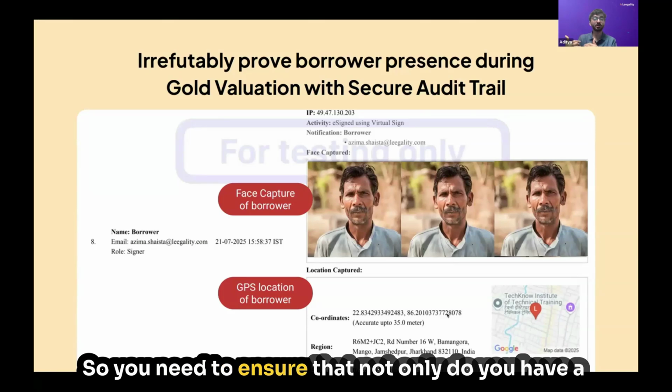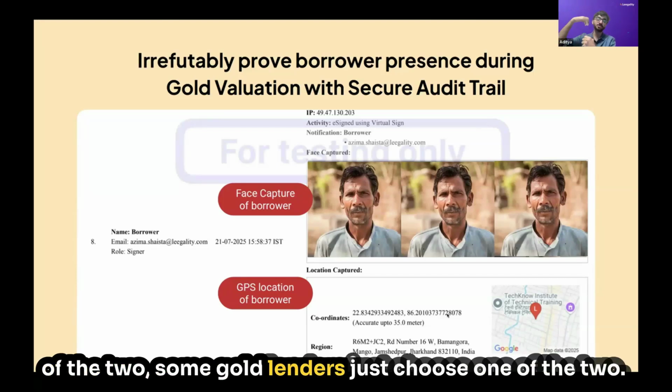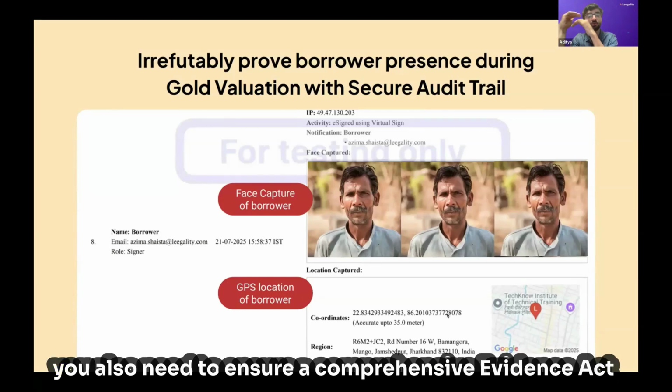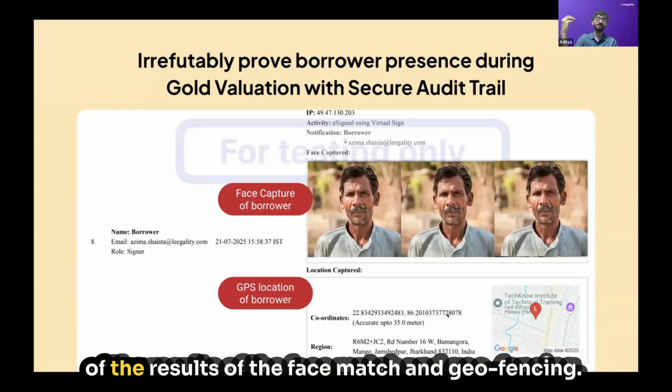So you need to ensure that not only do you have geofencing and a face liveliness capture, or one of the two, some gold lenders just choose one of the two. You not only need to ensure those features are running, you also need to ensure a comprehensive Evidence Act audit trail with clear time stamping and clear recording of the results of the face match and geofencing.